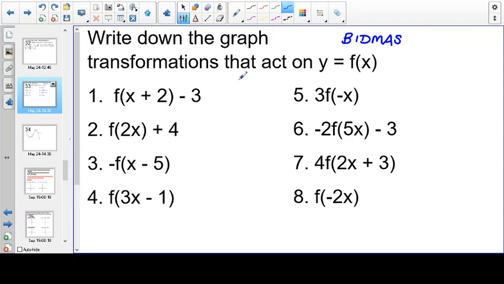If it's a stretch, you need to say it's a stretch, you need to give a scale factor, and you need to say which direction it's in. Okay, so pause the video and I'll go through the answers in a second.